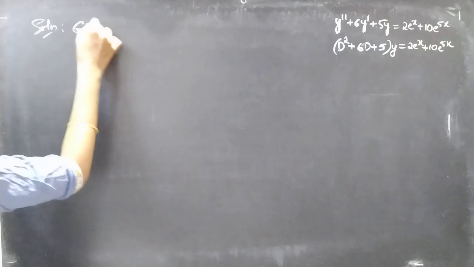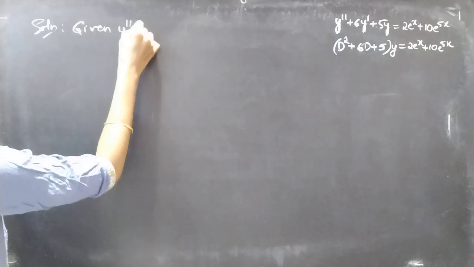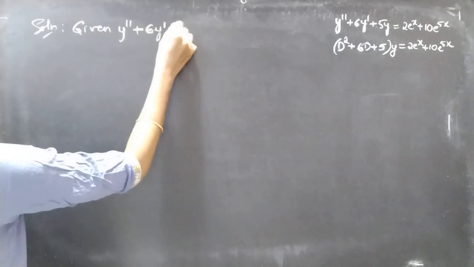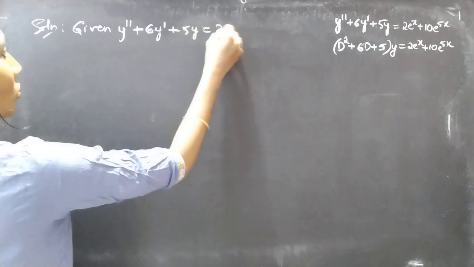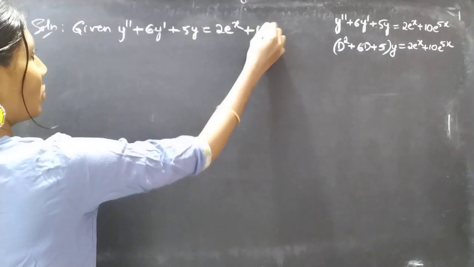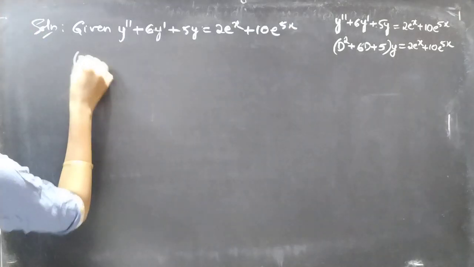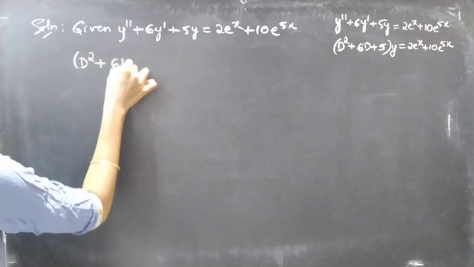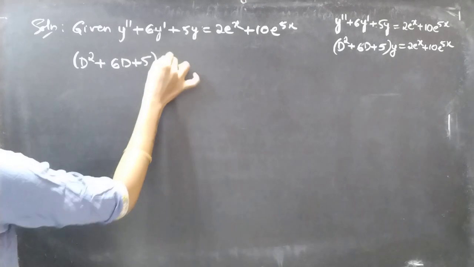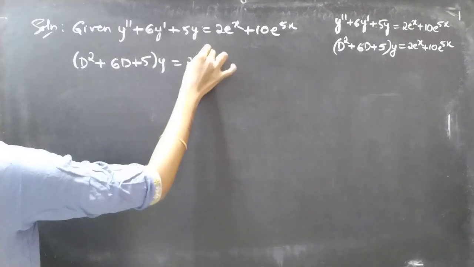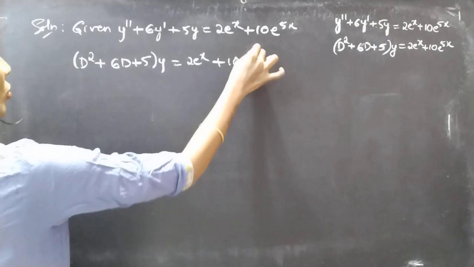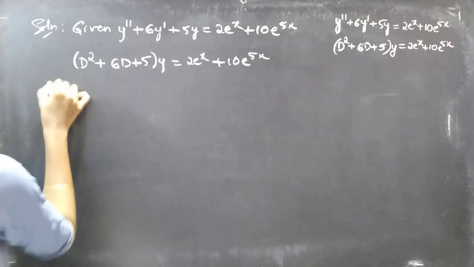Solution: given equation y double dash plus 6y dash plus 5y equal to 2 e power x plus 10 e power 5x, or D square plus 6D plus 5 into y equal to 2 e power x plus 10 e power 5x, which is in operator form.